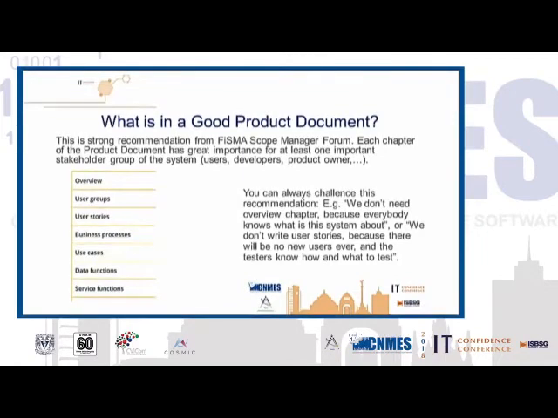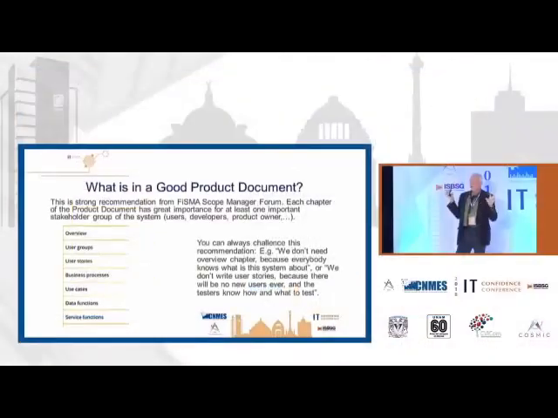Then user stories. With user stories here, I don't mean the funny user stories that agile teams or developer teams are using, which very often have nothing to do with the user, and they are not really any stories. They are just structured sentences, and very often a user never has seen such a user story.